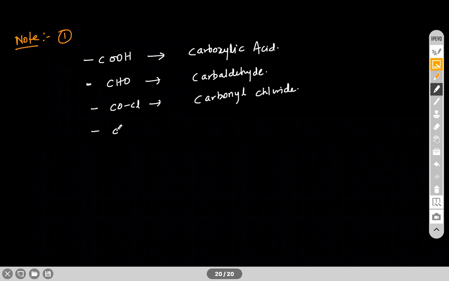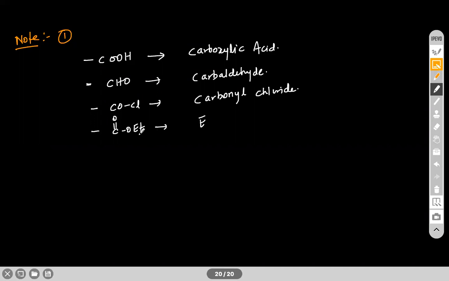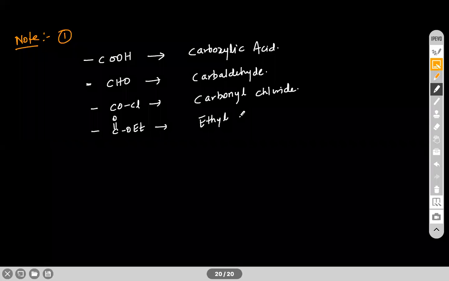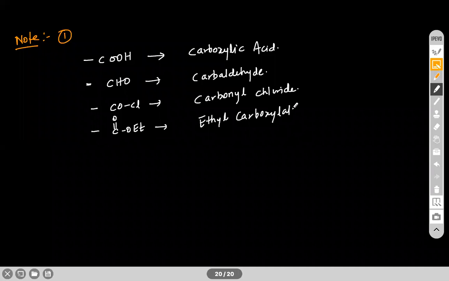If it is C double bond O, OEt, then it is ethyl, since we have Et here, carboxylate. If you have CN, then it is carbonitrile.